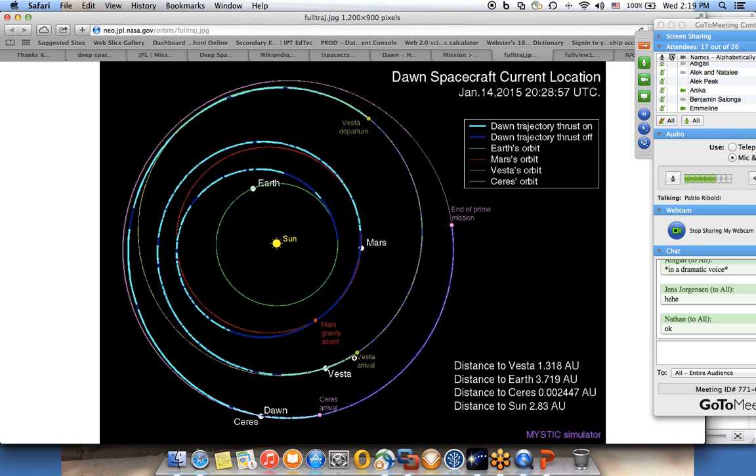It stayed there with Vesta for all this time, and then it started the thrust engine again in order to reach Ceres. So this is Ceres now, where it is now, and this is the time when it's going to arrive. This is going to take these next 2 months.